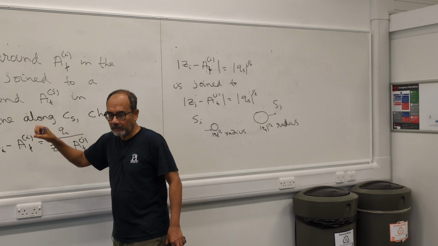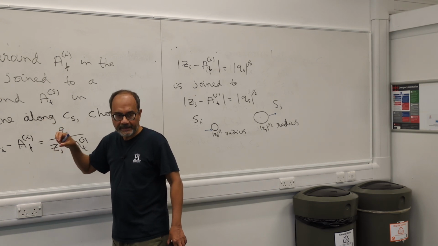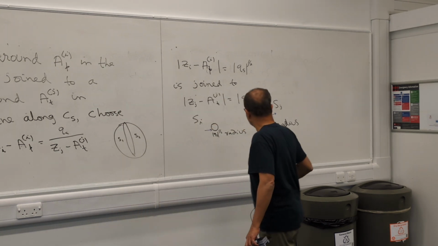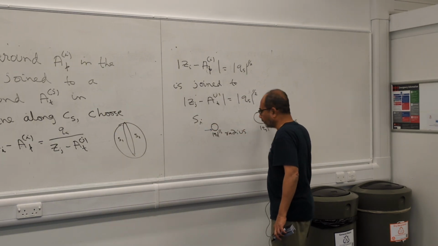So as you go towards the center of the hole from one side, you come out of the center of the hole from the other side. That's the sense in which they are glued. You go in from here and you come out from there.